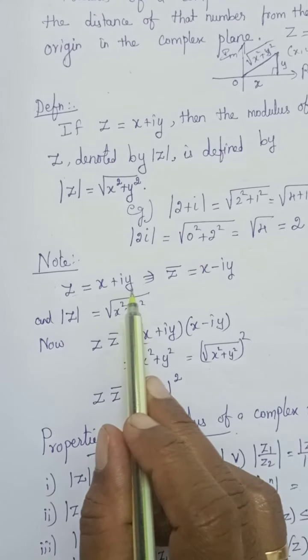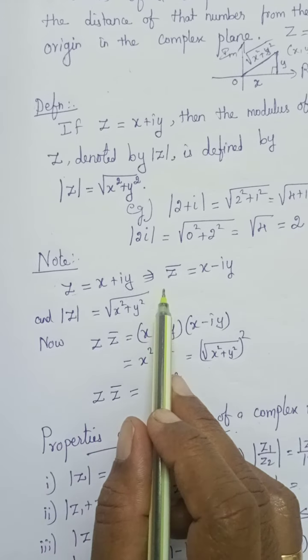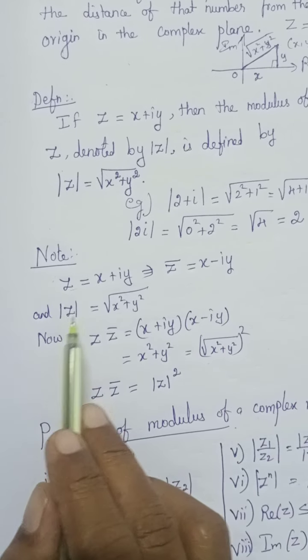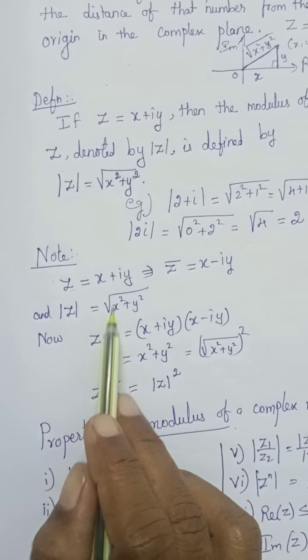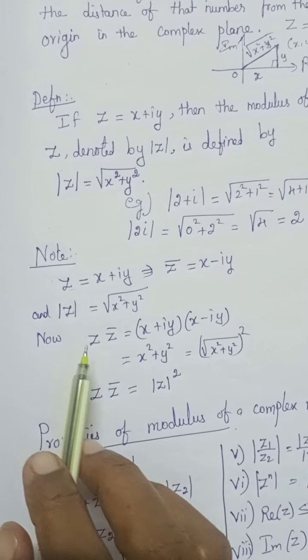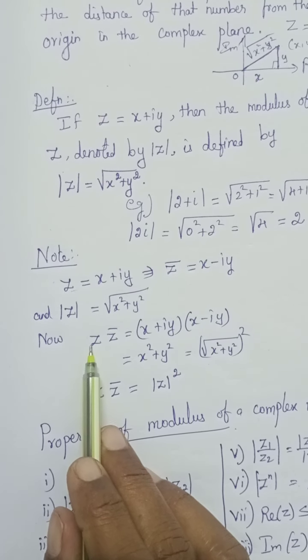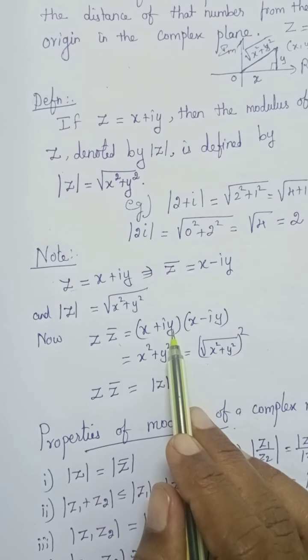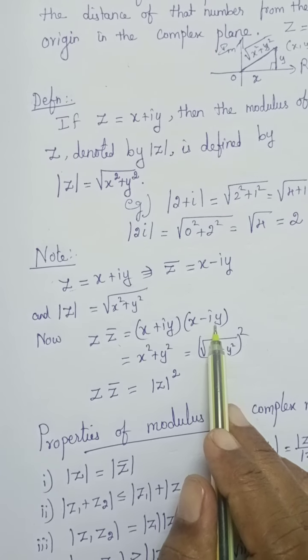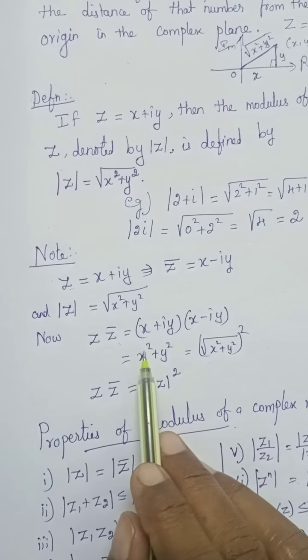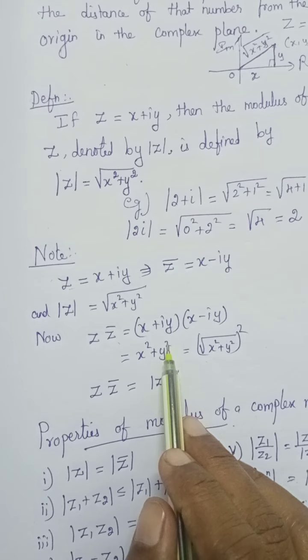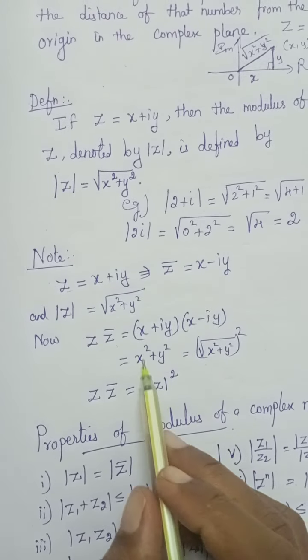Here, z is equal to x plus iy means we know z bar is equal to x minus iy, and modulus z is equal to root of x square plus y square. Now let us find z into z bar. z is x plus iy and z bar is x minus iy. When we multiply this, we get x square plus y square, as we have already learned.